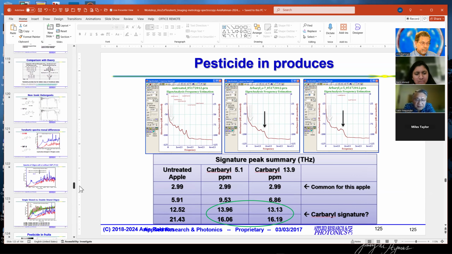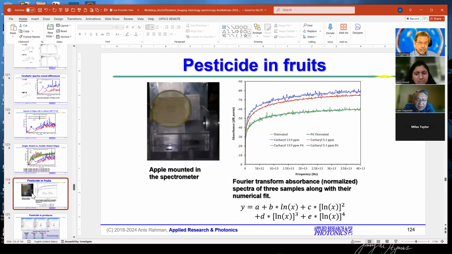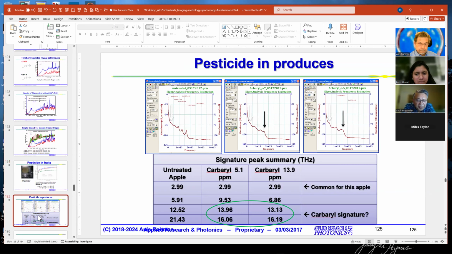Now, for some cases, the peaks are around 13.9, with some variation between the two concentrations. But for the higher concentration, the shifts are very high, like around 16. And is it standard for that peak? No, it is not standard.